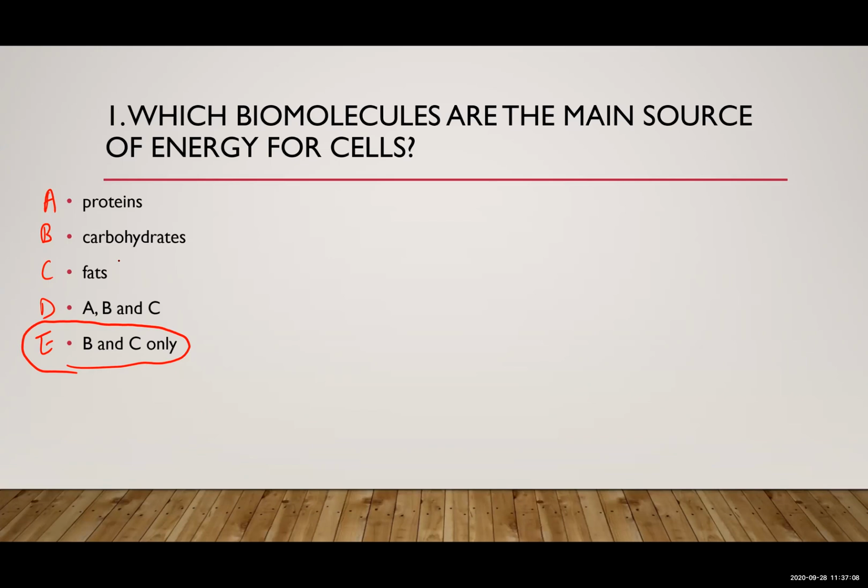Proteins are essential for cellular repair and some other important functions. They don't really give that much energy. We'll see later on that fats have a lot more energy stored in them as compared to proteins. So the correct answer, indeed, is option E. Both carbs and fats are the main source of energy.